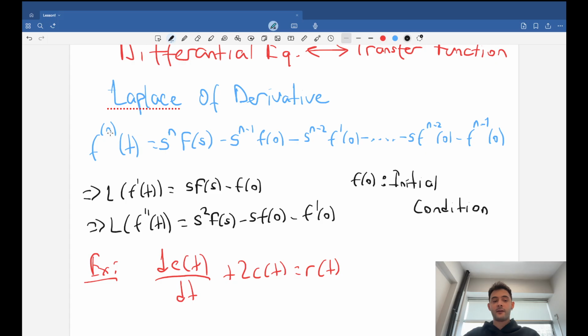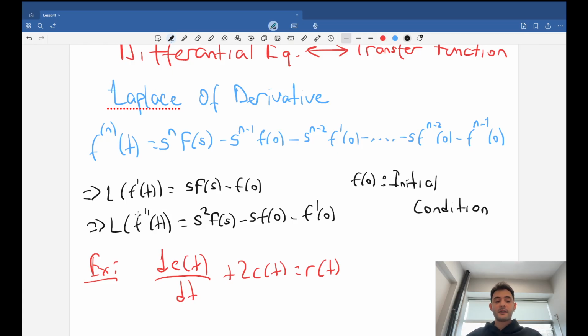So the Laplace of the first derivative of f(t) equals s to the power of 1 F(s) minus s to the power of 1 minus 1, which is 0, so here it's 1 times f(0), and this goes for all the values of derivatives. So I just wrote down up to the maximum, the second derivative.